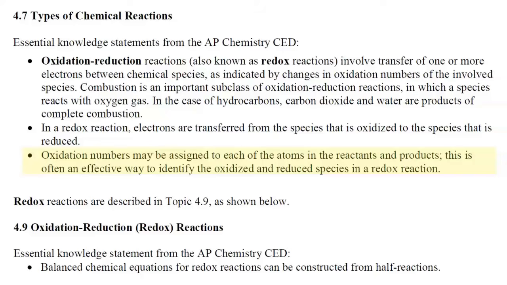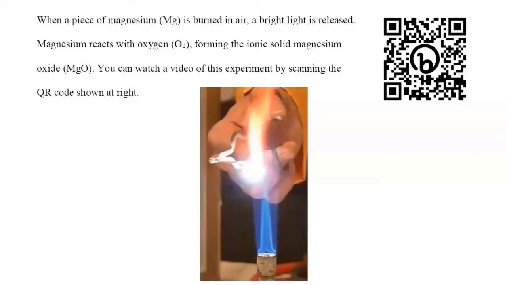So again, topic 4.9, oxidation reduction or redox reactions. Balanced chemical equations for redox reactions can be constructed from half reactions. Okay, what you will see in your packet, and you can see here on this slide, is a QR code that will take you to a video in which a piece of magnesium is burned in air.